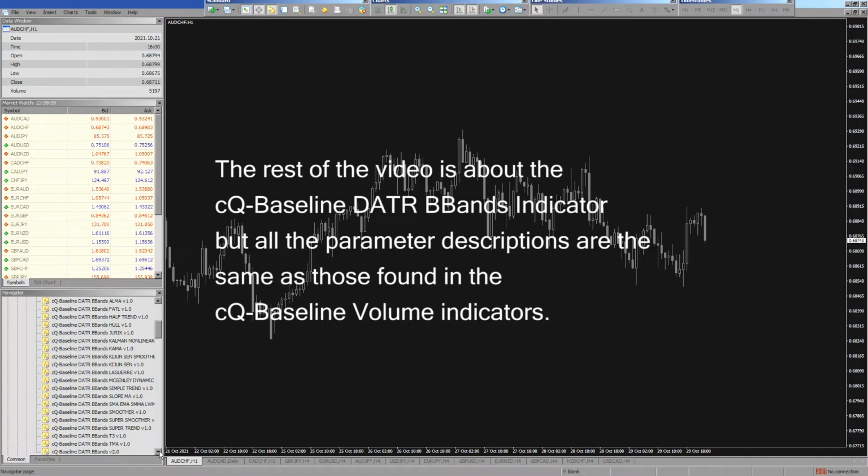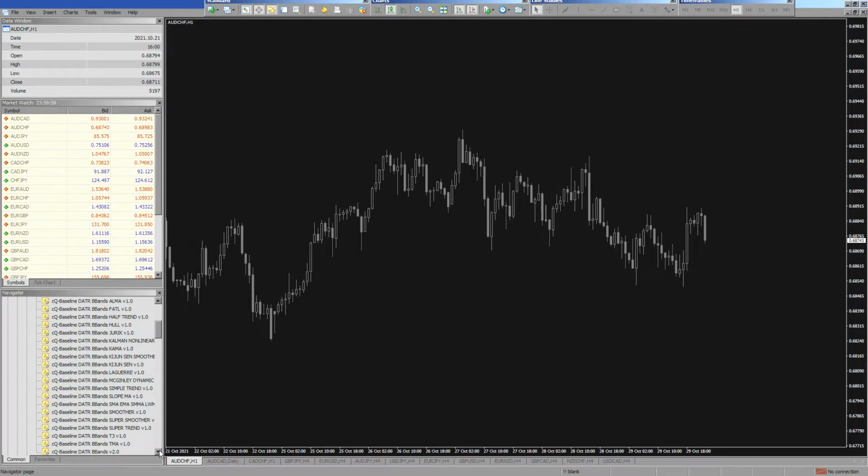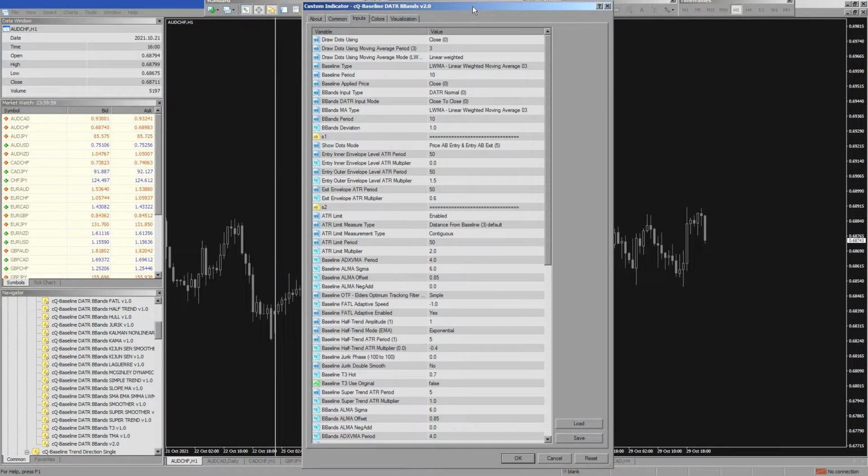This video is about the cQ-Baseline DATR BBands indicator version 2. This is a volume indicator. You can either use it in conjunction with your current volume indicator or use it as a filter, maybe even a confirmation indicator.